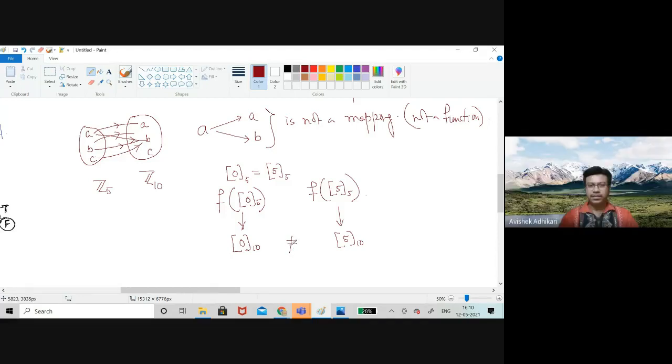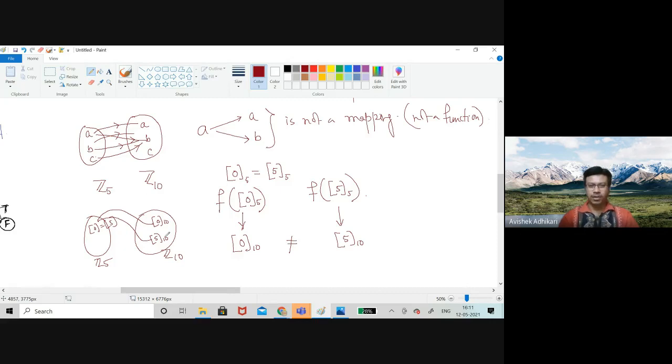Not equal. So from Z5 to Z10, class 0, which equals class 5, goes to class 0 of 10 as well as class 5 of 10.